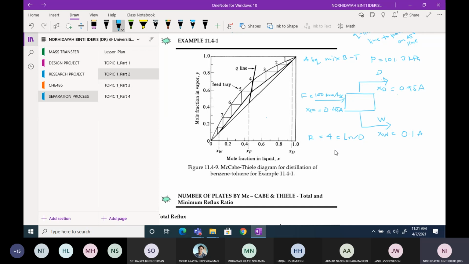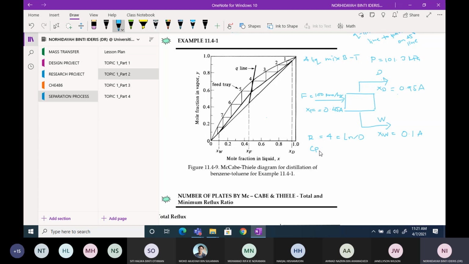And then it's stated here the average heat capacity of the feed. Average heat capacity, because you know that it is a mixture, so when you want to find the heat capacity value of benzene or toluene, you need to find the average of the mixture.